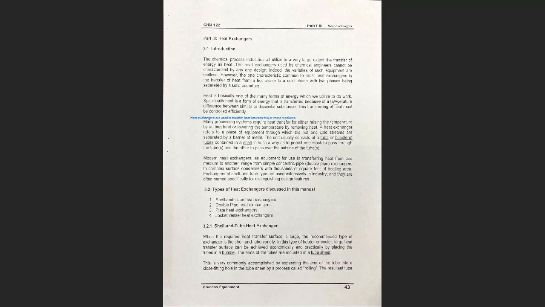Okay, so it talks about the specifications or the designs of some of the heat exchangers, and that brings me to discussing the most common types discussed in this manual or textbook. The first one is the one you have probably seen in the lab, the shell and tube heat exchanger. The second one is the double pipe heat exchanger, plate heat exchangers, and finally the jacket vessel heat exchangers.